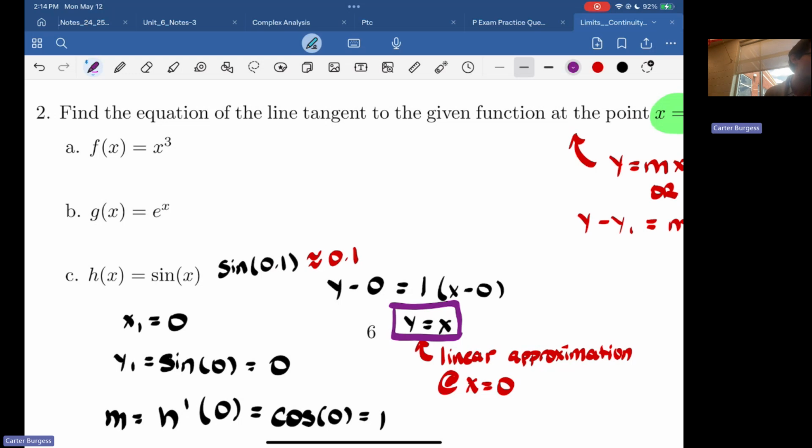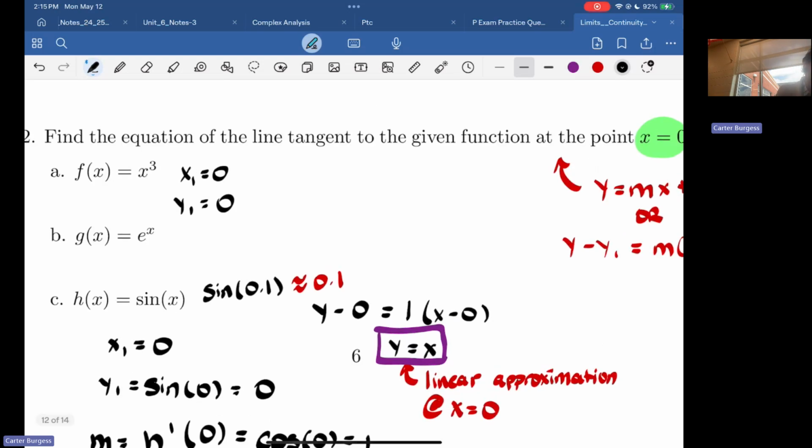For x equal to 0, what is the point? So if our x1 is equal to 0, what is the corresponding y value going to be? Also 0, right? 0 cubed is in fact 0. And then how do I find slope?